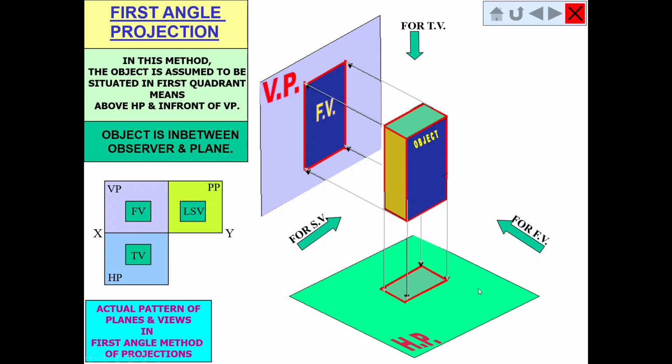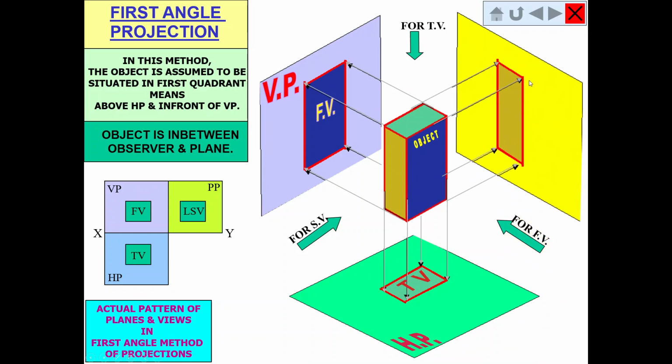The xy line is nothing but the common line between VP and HP.